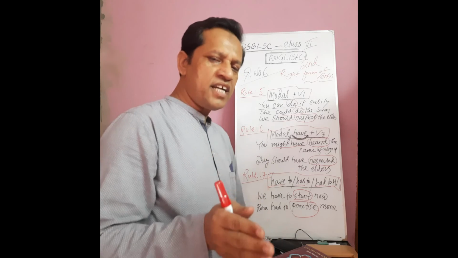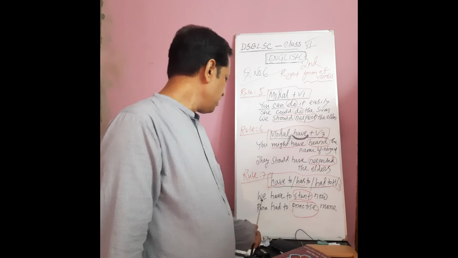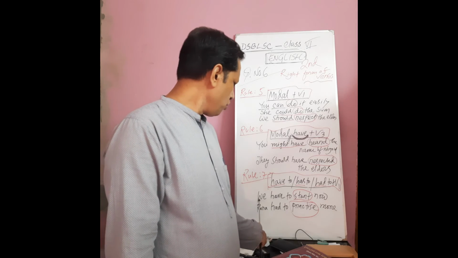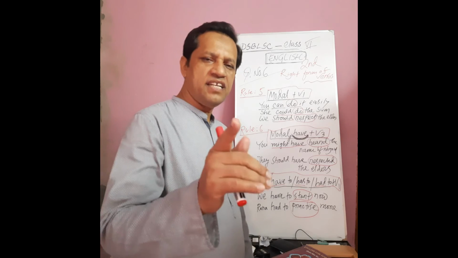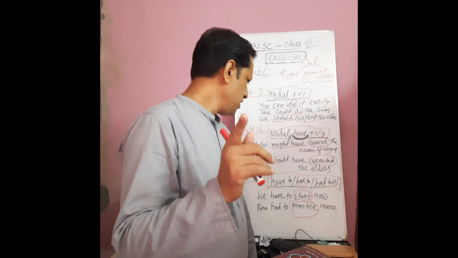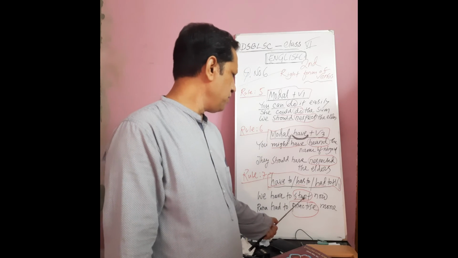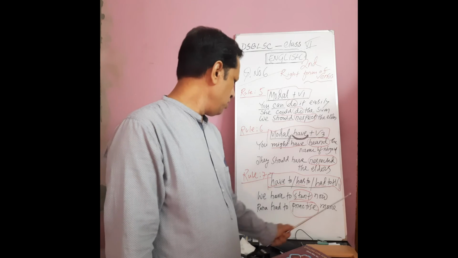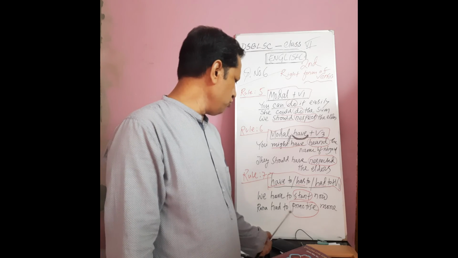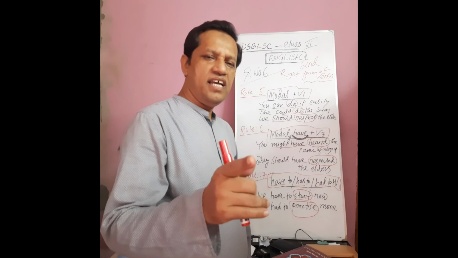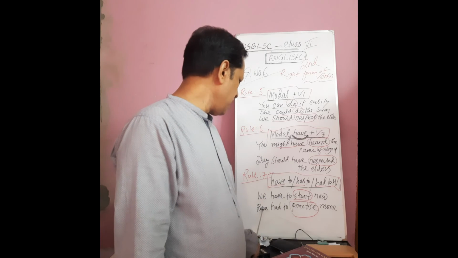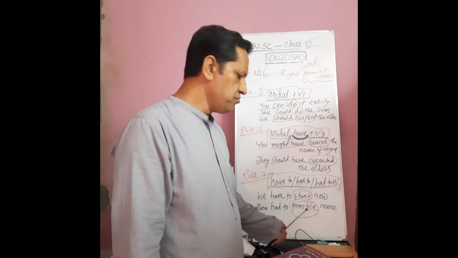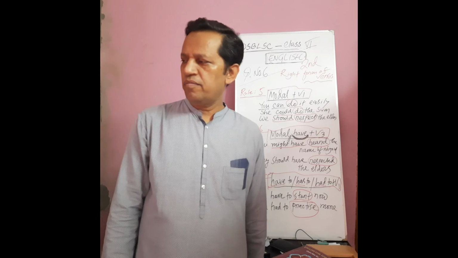But here when you get we have to, then you have to write V1 form of verbs. So we have to start now. Rana had to practice. Actually after had to we have used V1 form of verbs.